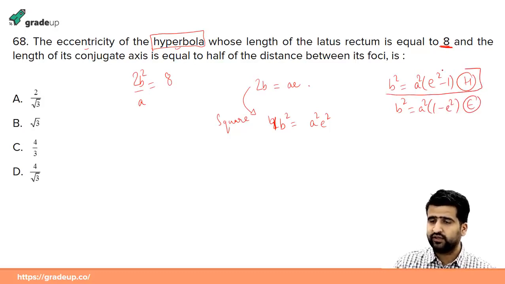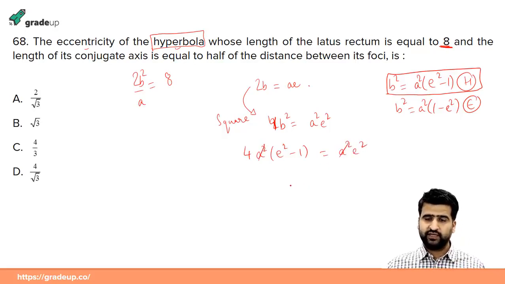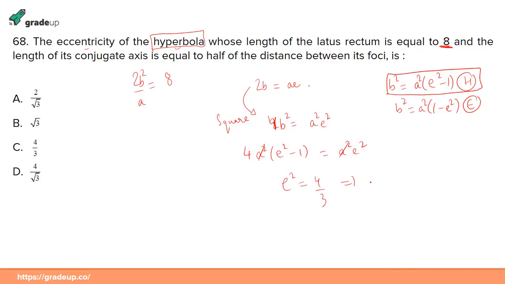So we need to use this formula. So we get 4 times a square e square minus 1 is equal to a square e square. And if you calculate the value of e from here, you will see that e square is equal to 4 by 3. Therefore e is equal to 2 by root 3.